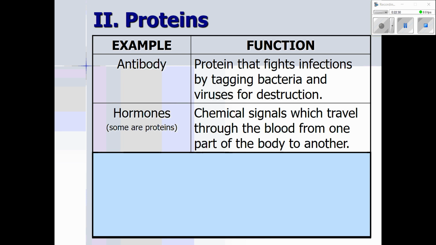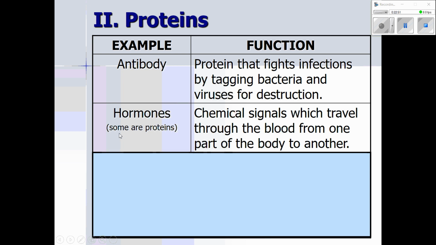And that tells other cells in your immune system to go and destroy that tagged invader. Anything that has an antibody attached to it will be destroyed by your immune system. So this is part of how we fight off infections.